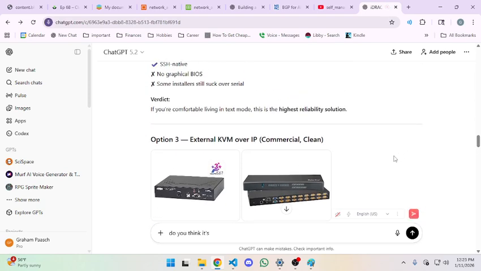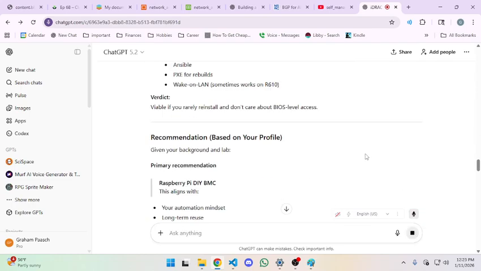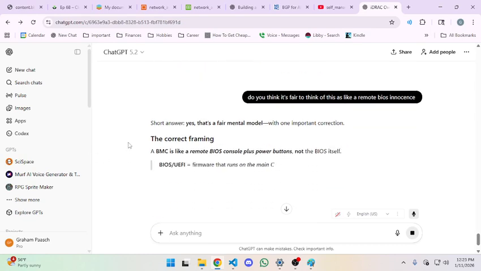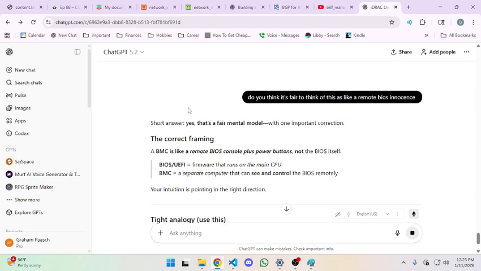Do you think it's fair to think of this as like a remote BIOS in a sense? Yeah, it's a fair mental model, but it doesn't replace the BIOS. You'll have the BIOS.